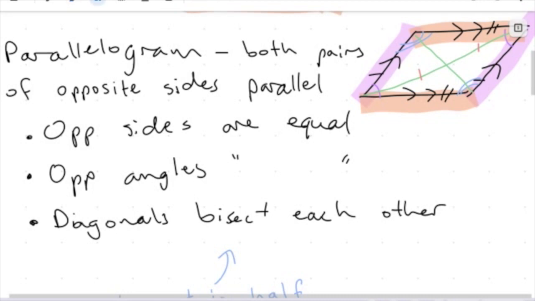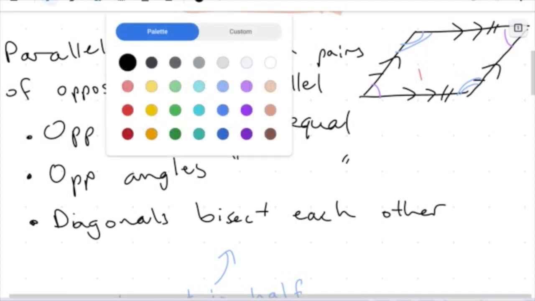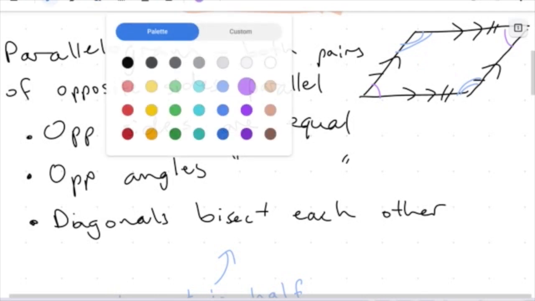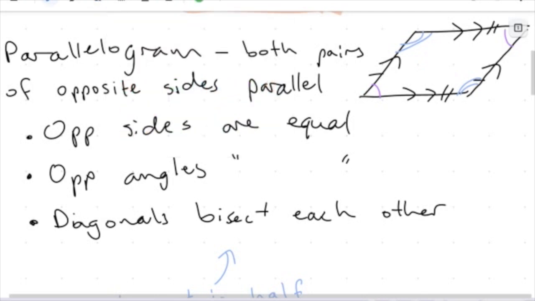So these two diagonal lines, let me clear this image up a little bit. A diagonal, for example, is a line that stretches from the two diagonal corners of a shape. So this thing here would be a diagonal, as well as this one here.